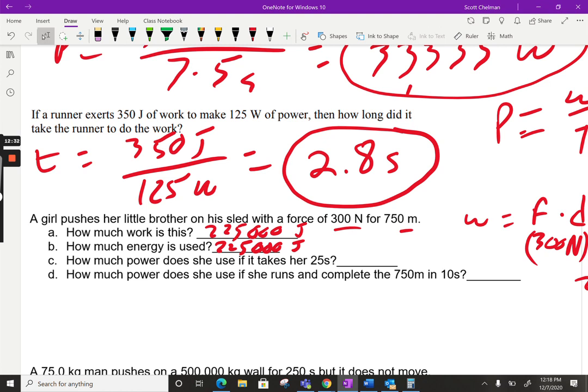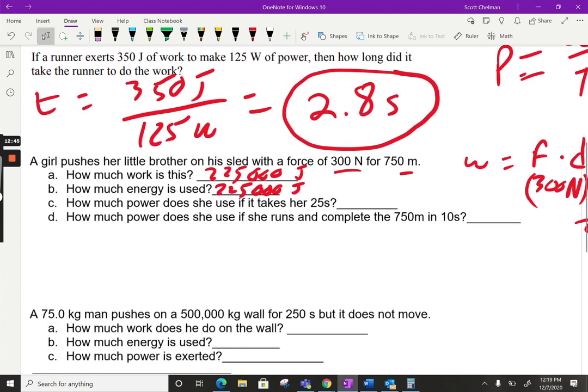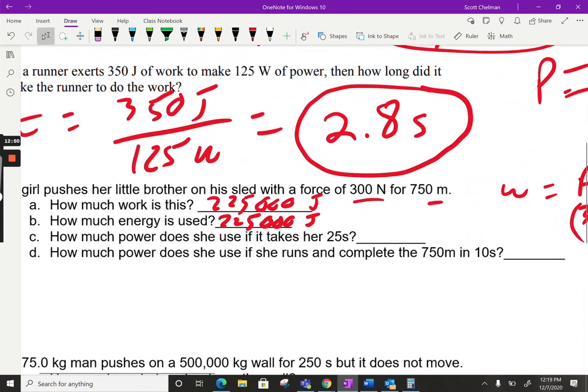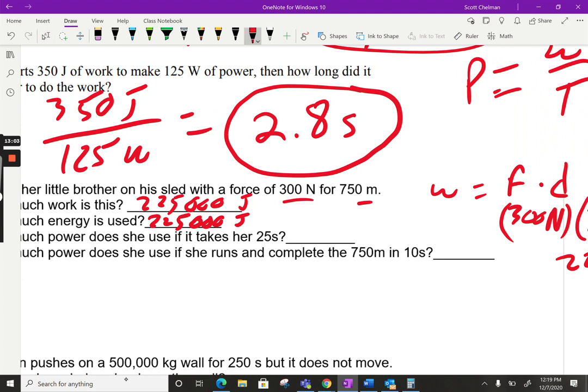Next, how much power does she use if it takes her 25 seconds? What are you going to do? Power is work divided by time, right? Okay. 25 and you get what? 9,000?